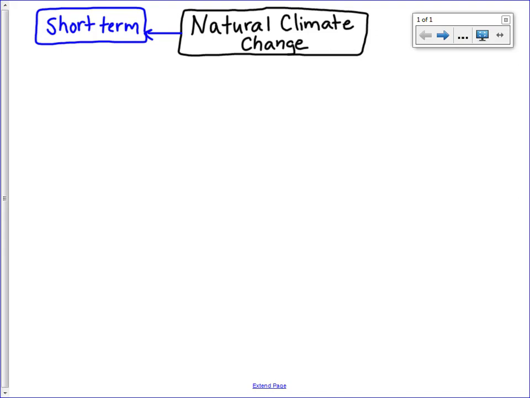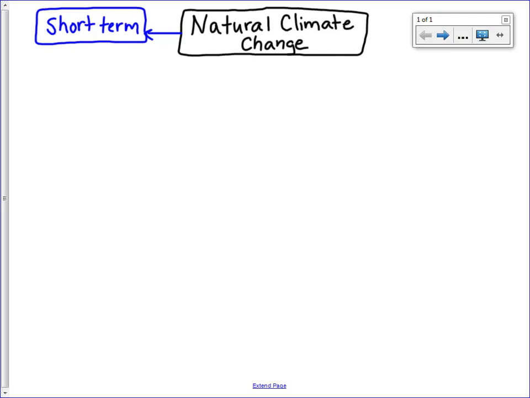Now, when we say short term, it could be in terms of a single year or a couple of years. It could be like 10 or 12 years. Things that are short term take place in 1 to maybe 10 to 15 years.